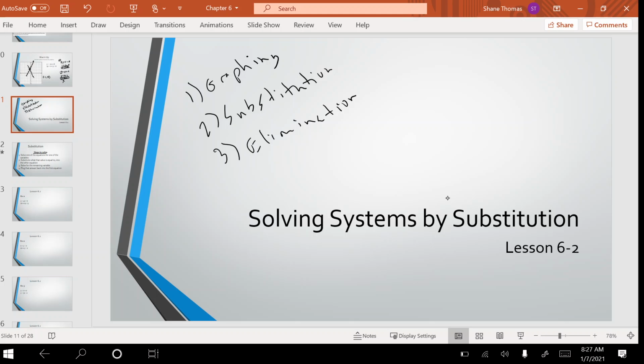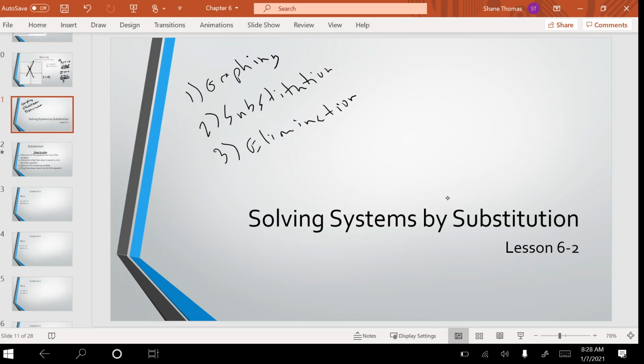Now here's the difference between these. Graphing only works well if you're doing it by hand and it's small numbers, honestly, keeping Desmos out of the equation. For graphing, you need graph paper, and you really want your numbers to be small.